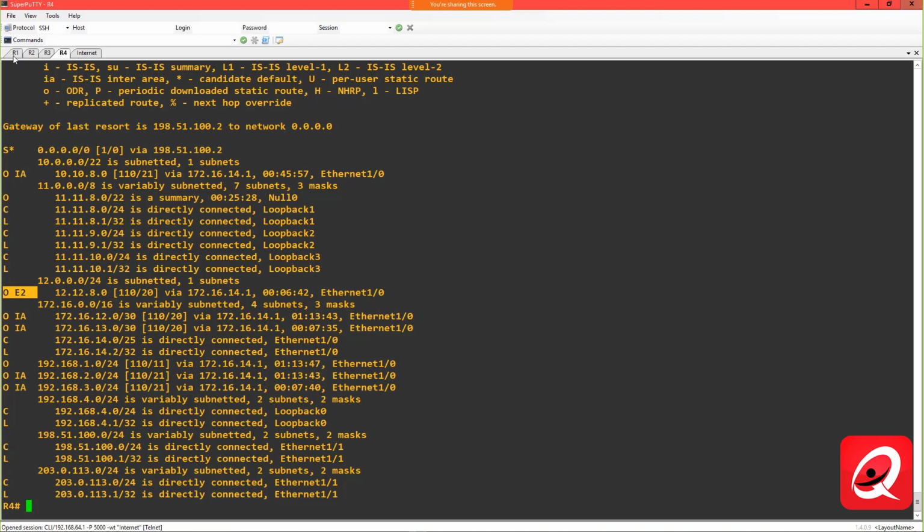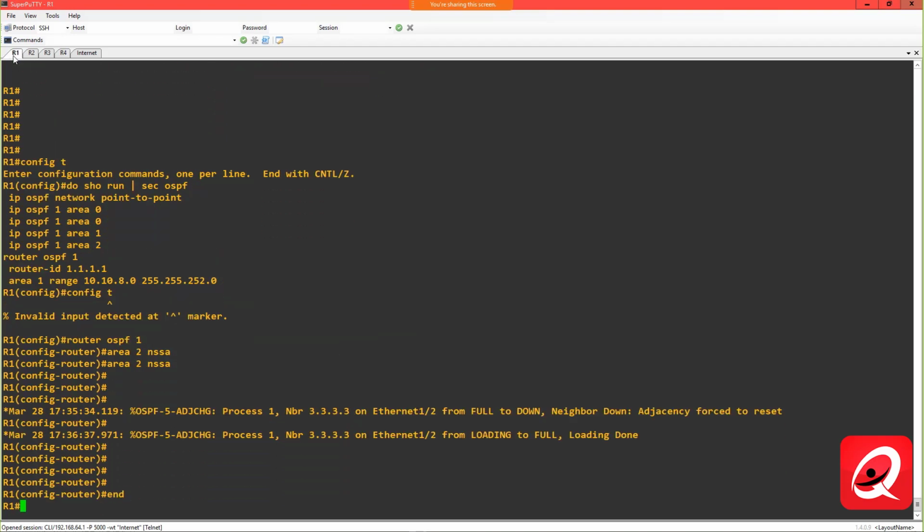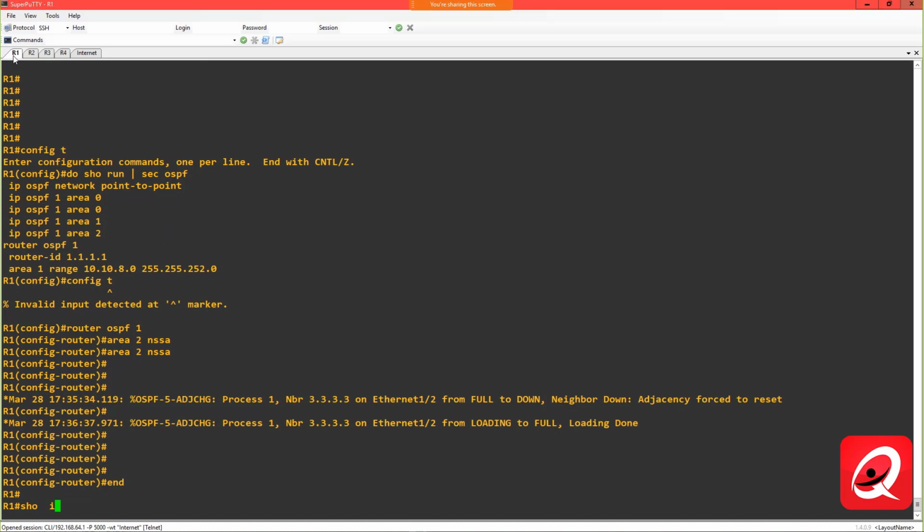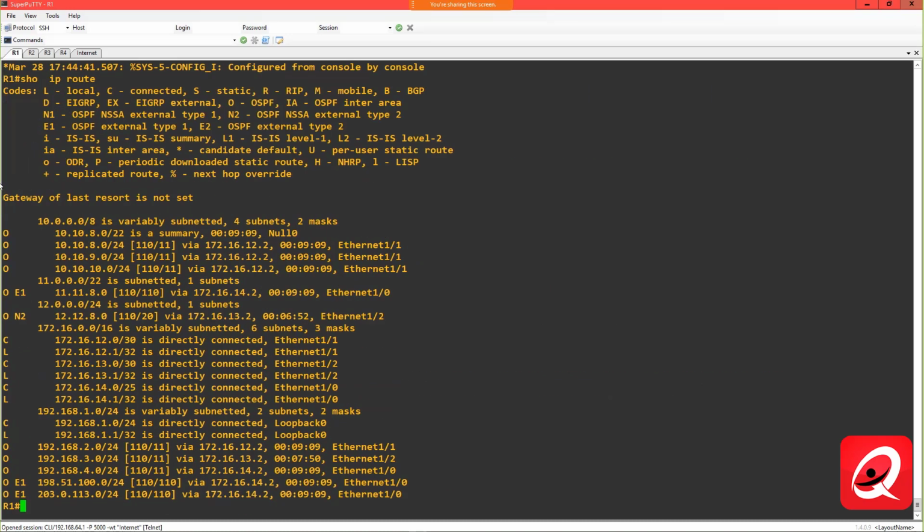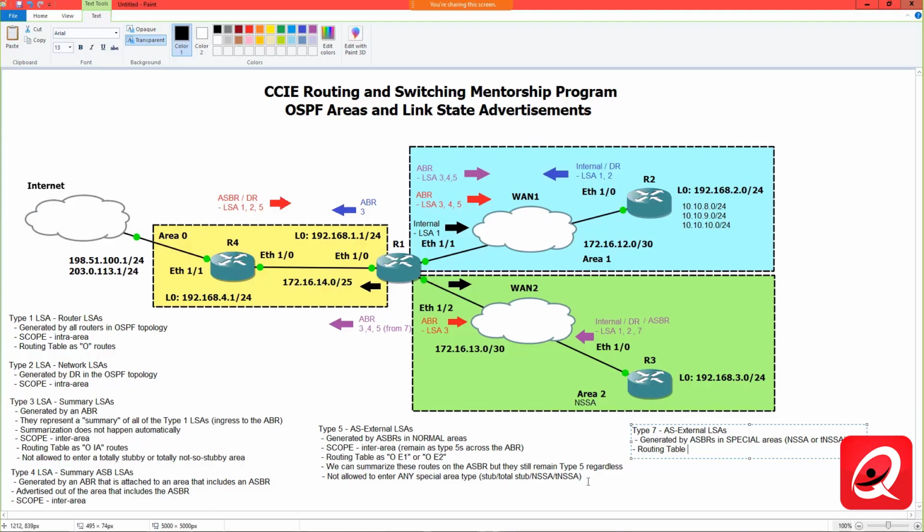But if I go to router 1, they show up as N routes. N stands for not so stubby. So in the area and on the area border router, the Type 7s will show up as N routes, but once they become Type 5s, they'll revert back to E routes. So you might see that from time to time.